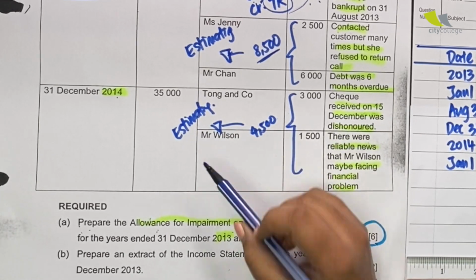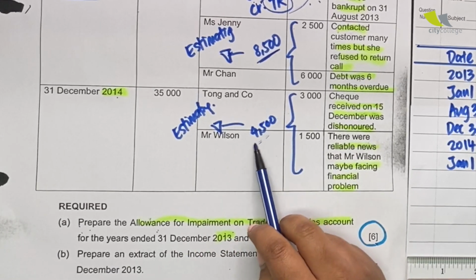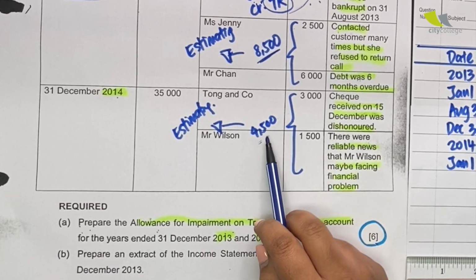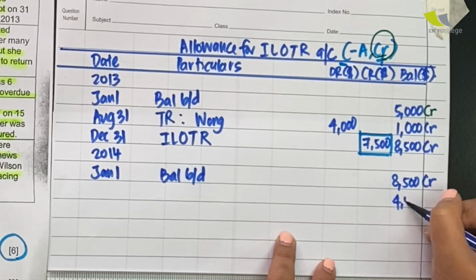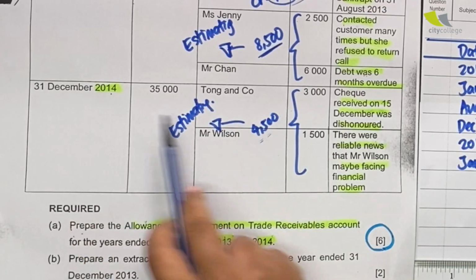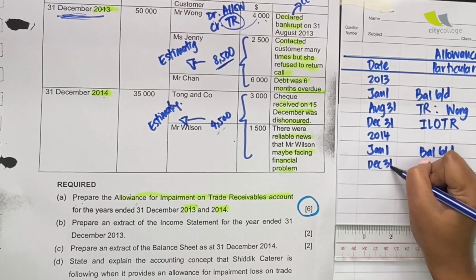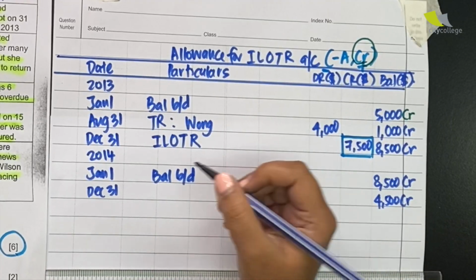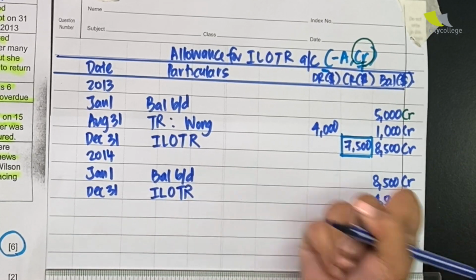None of them are confirmed bankrupt, it's just an estimate. So this entire 4,500 must now appear again in the balance column. Both transactions are at the same date, December 31st, and my opposite account again is impairment loss on trade receivables.